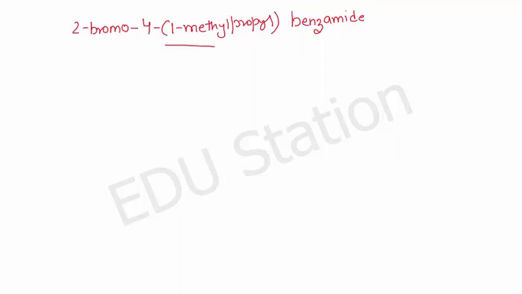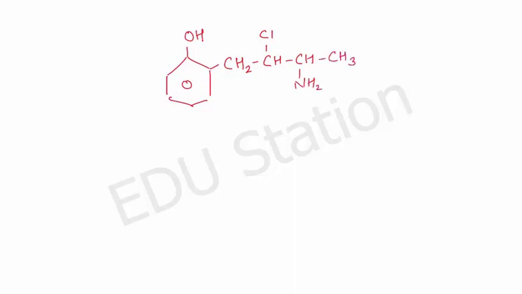Let's see one more example and then we will start with the next concept. Let's say one more example is, if I have to name this alcohol, amine, chloro, alcohol is most preferred.